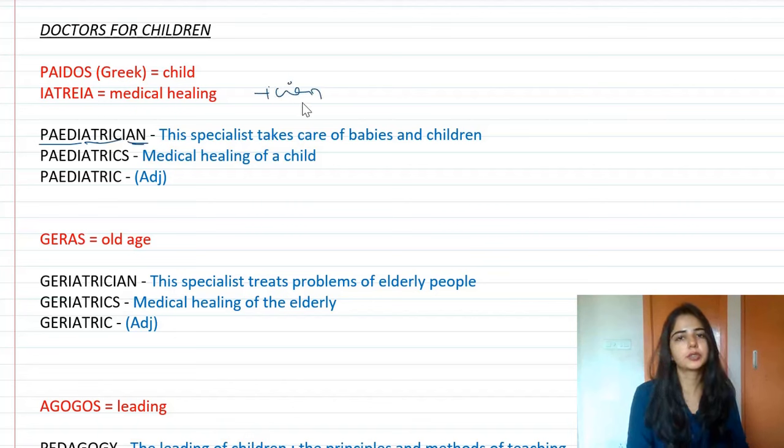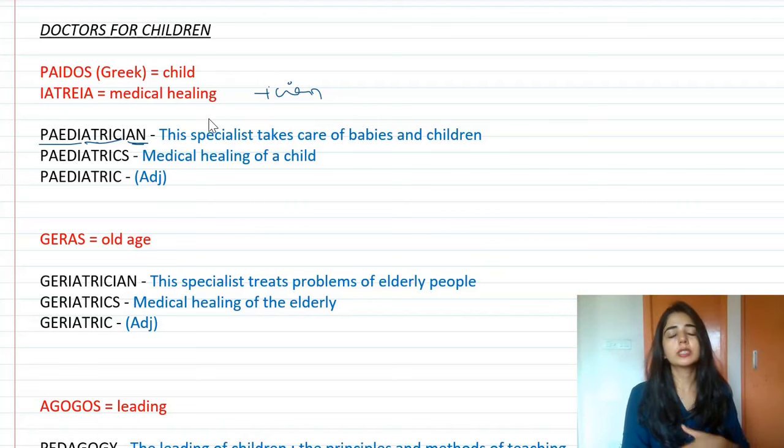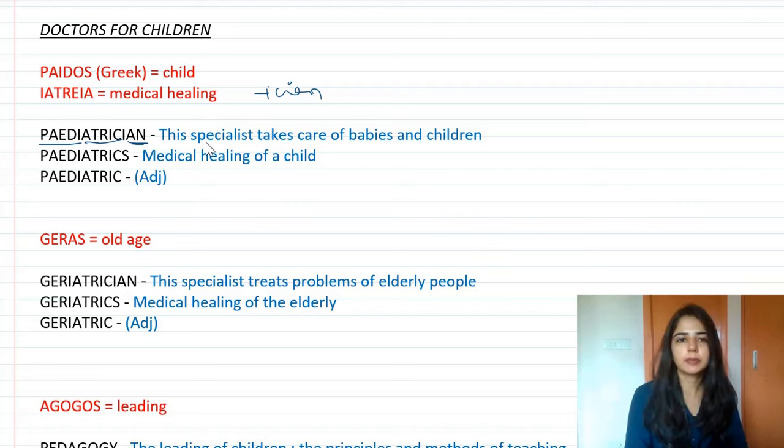So there are 3 root words: paidos, iatria and ician, which etymologically means child plus healing plus expert. So the doctor who is an expert in healing of children. What does that mean? The specialist who takes care of babies and children. So they mostly treat disorders related to children.